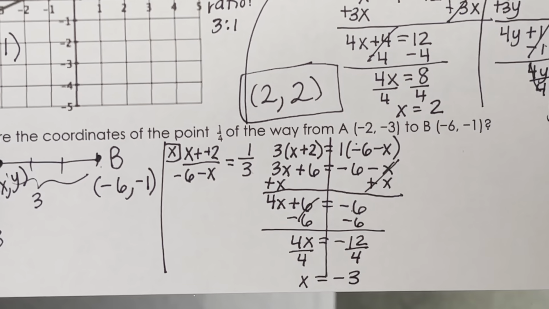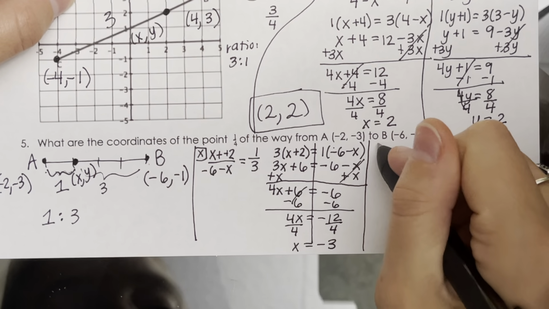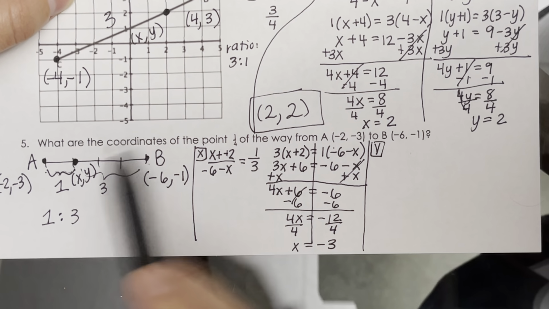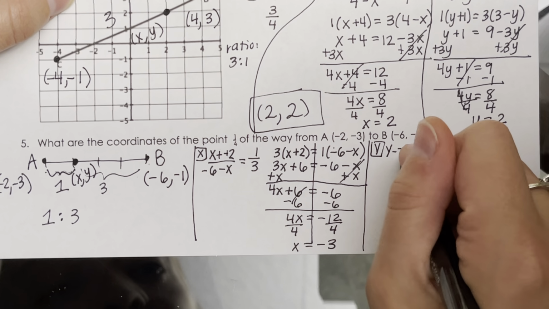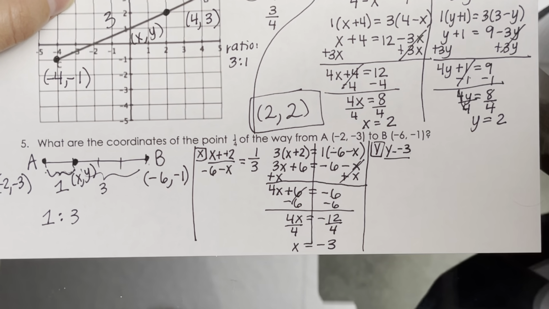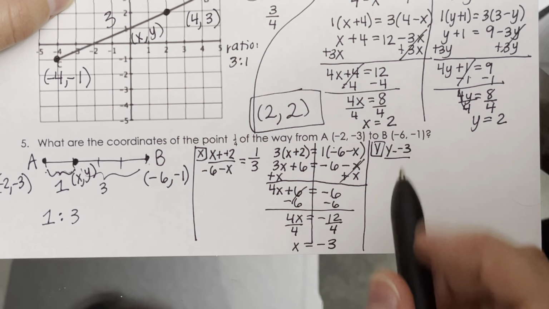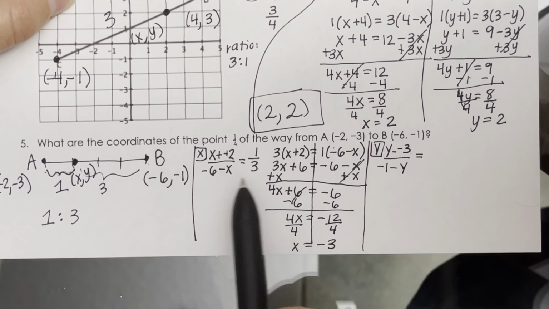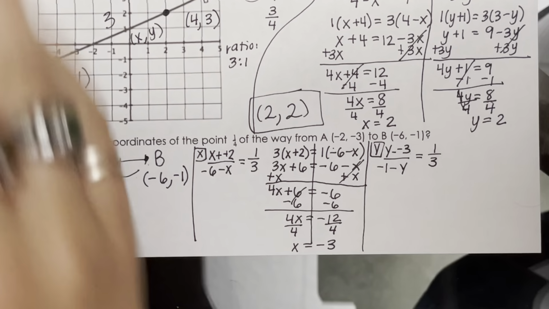Now I'm going to do the same thing for my y values. Middle minus first, y minus -3, over last minus middle, -1 minus y, equals, the ratio should stay the same, 1 to 3.